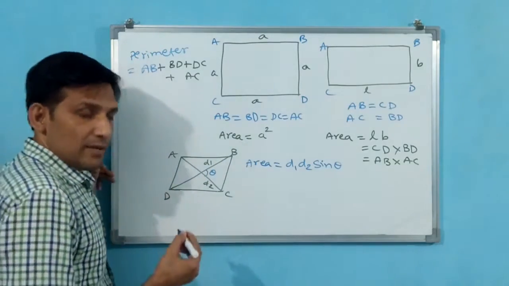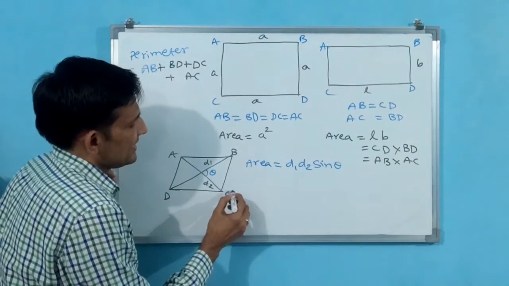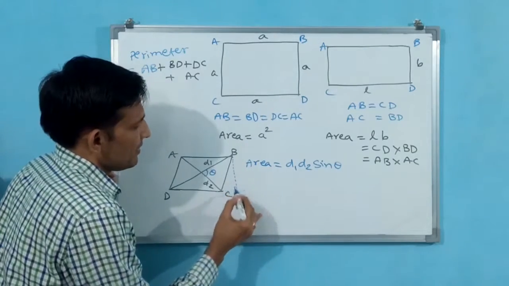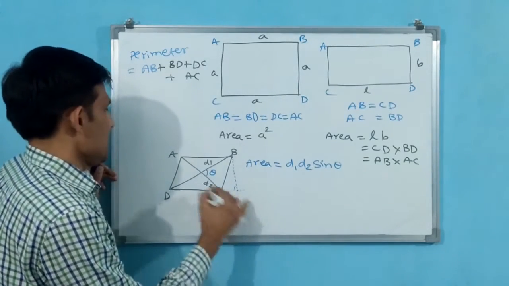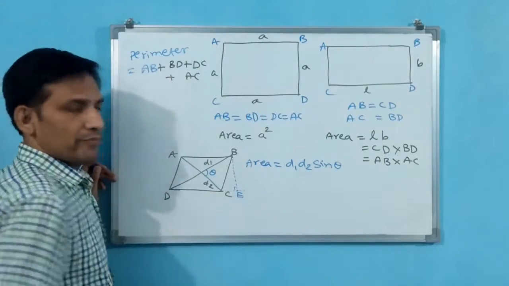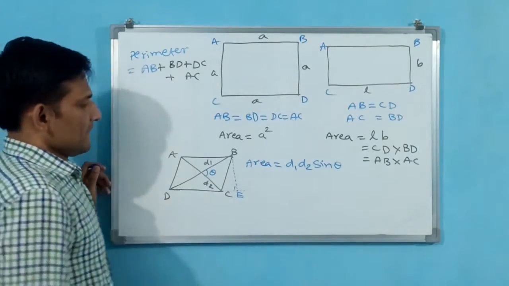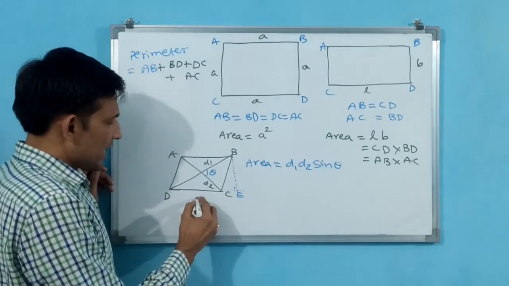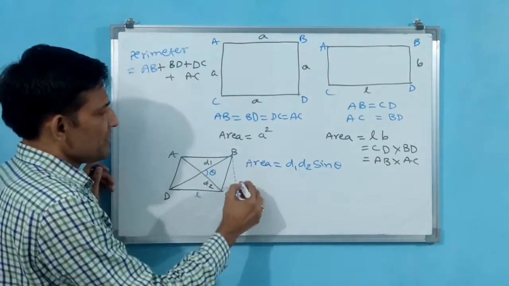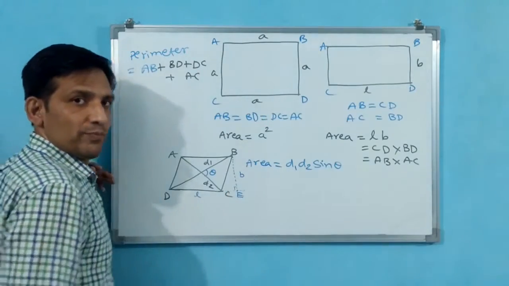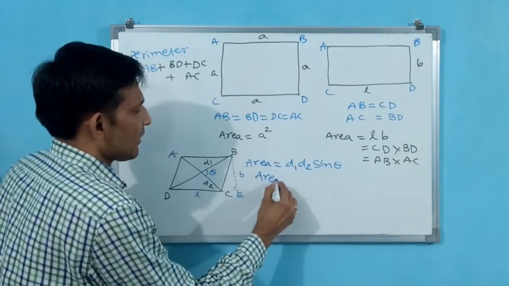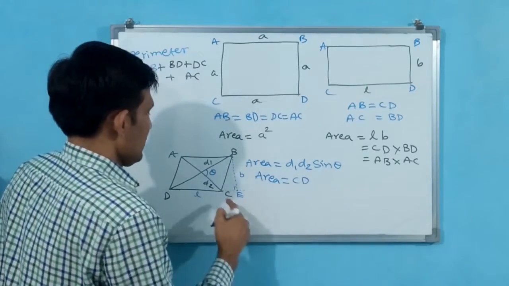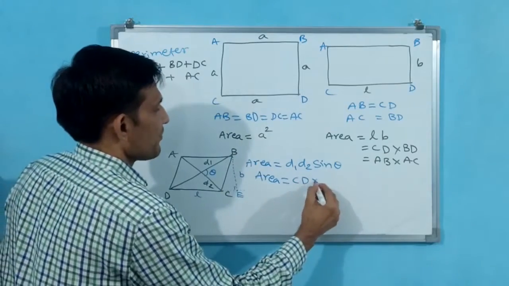But you can also find it another way. I extend this line, draw a perpendicular line, and take this point as E, with A, B, C, D over. Now I take this as length and BE as breadth. Another formula: area is CD or DC into BE.